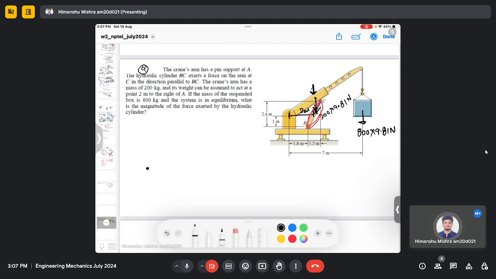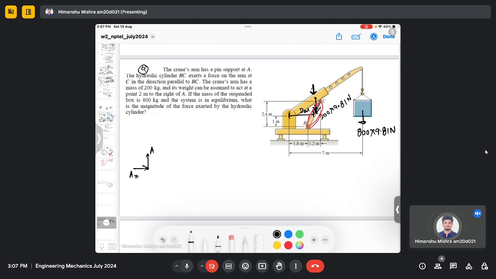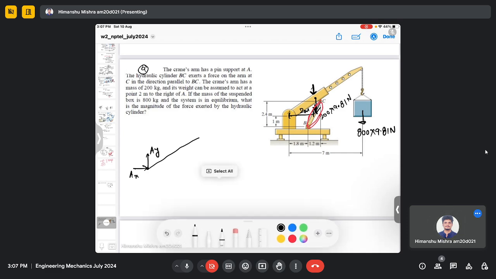Let's say this is my point A, which is pin jointed, so there will be two reactions. This is AX and this is AY, and this is the arm, and there is a weight here and here. Then there is a force which is acting somewhere here, which is BC.